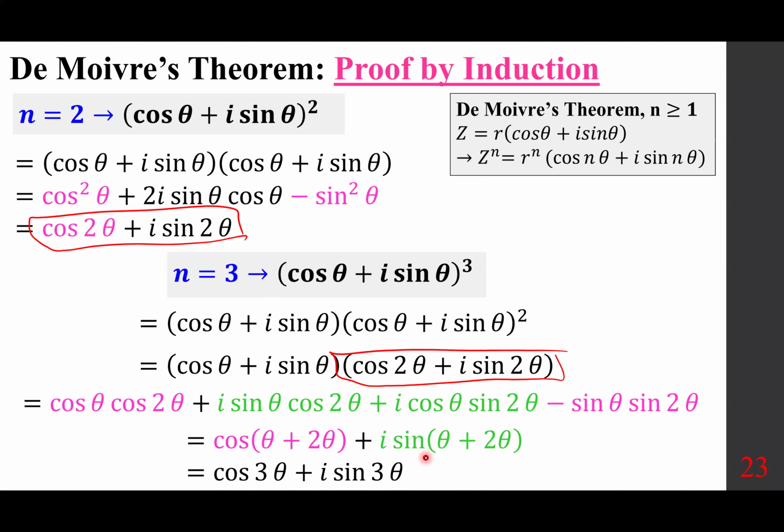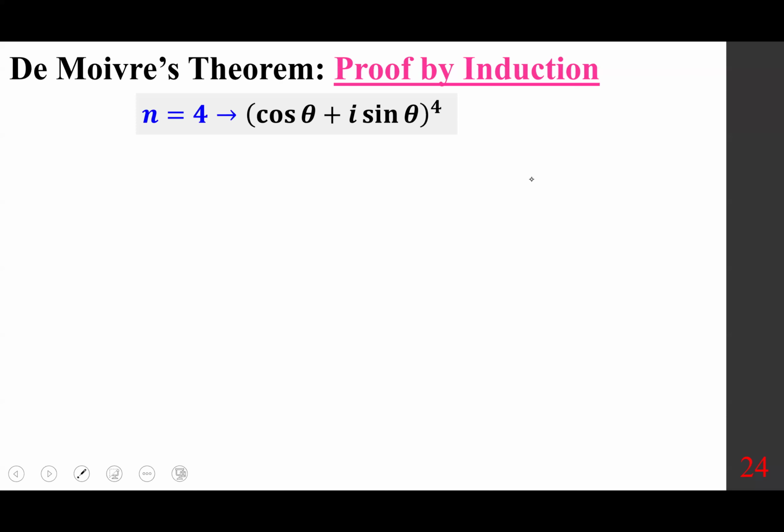By the way, we are taking r to be 1. So that works for n equals 2 and n equals 3. Let's do one more, n equals 4.